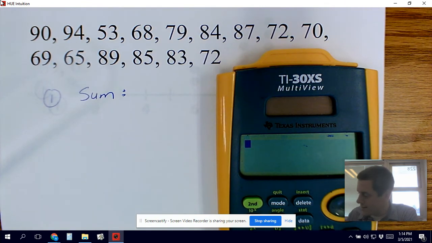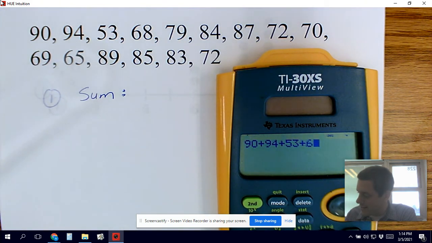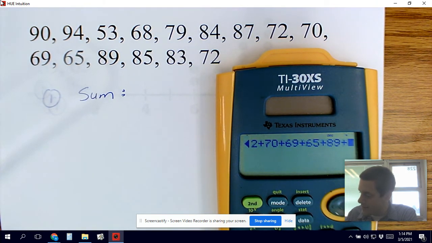So summing these values, we have 90 plus 94 plus 53 plus 68 plus 79 plus 84 plus 87 plus 72 plus 70 plus 69 plus 65 plus 89 plus 85 plus 83 plus 72.